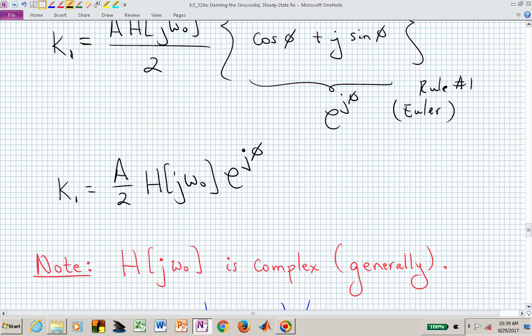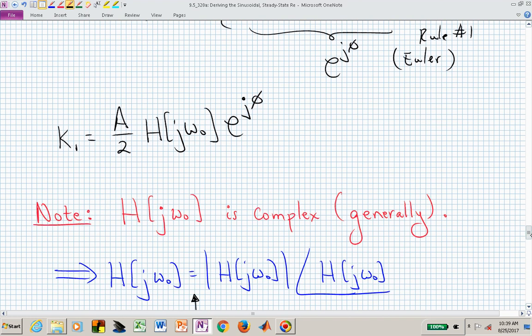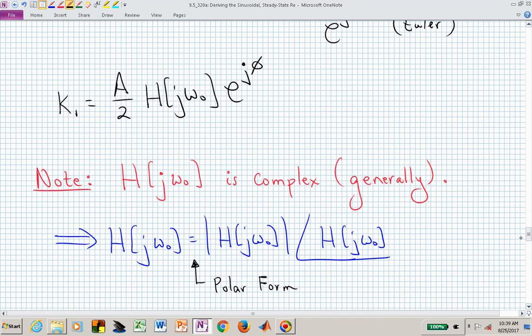And what I want to do now is simply rewrite H in a polar form, knowing that it's a complex number. If H of j omega is complex, let me go ahead and write that as a magnitude at an angle.